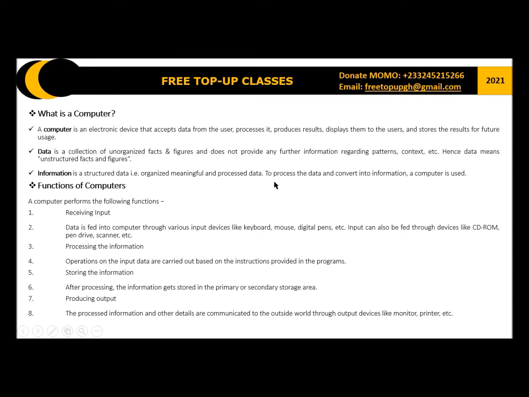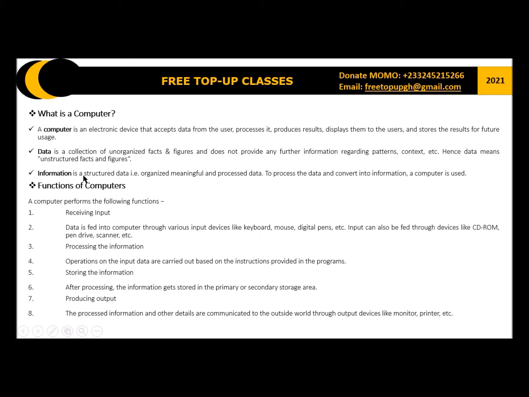Okay, so it says that to process the data and convert it into information, a computer is used. All right, so the computer helps organize data into information, structured data to information.